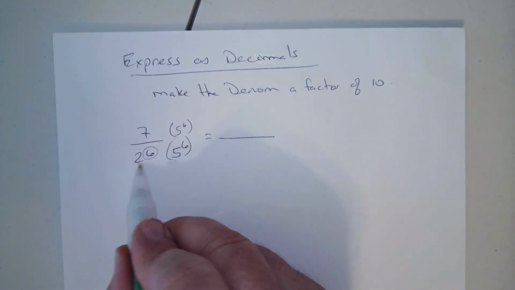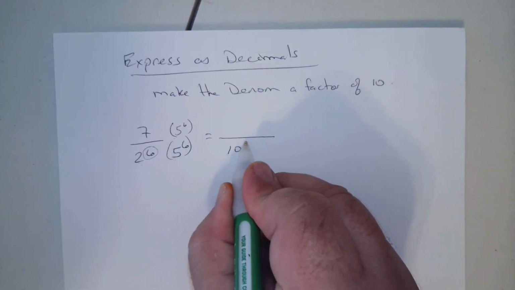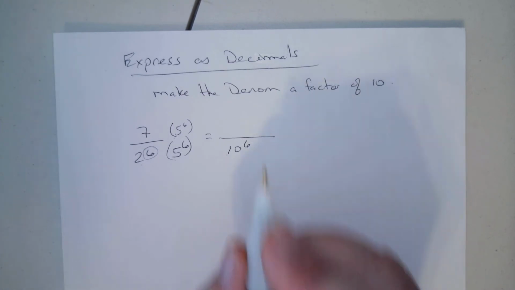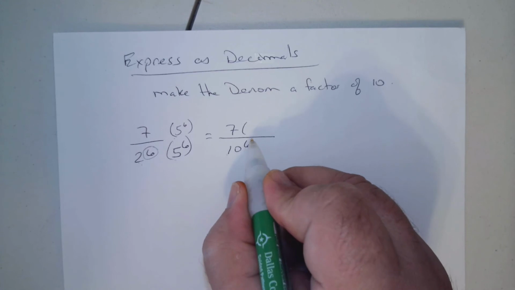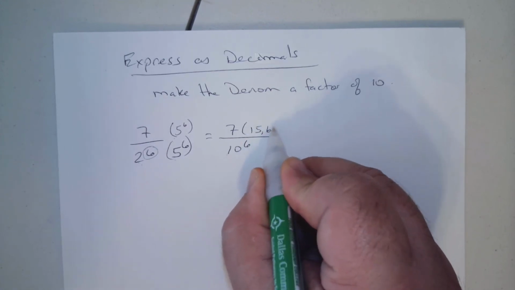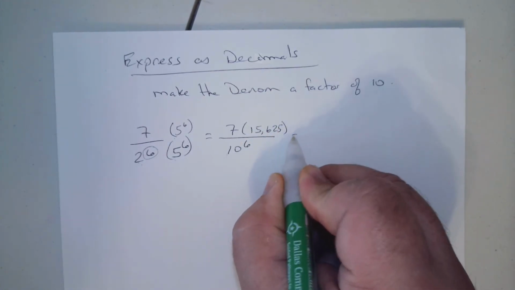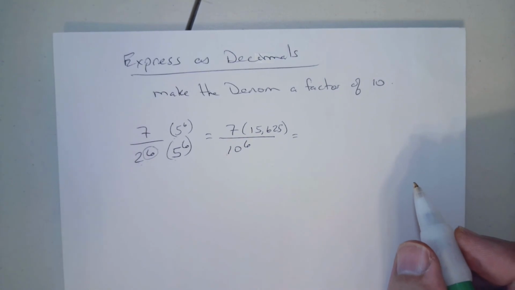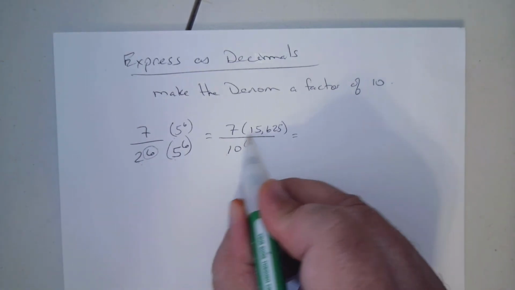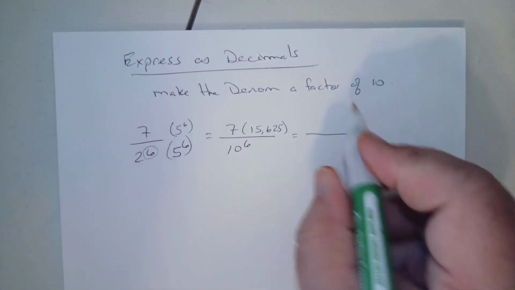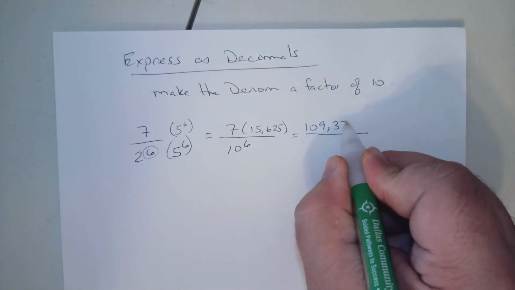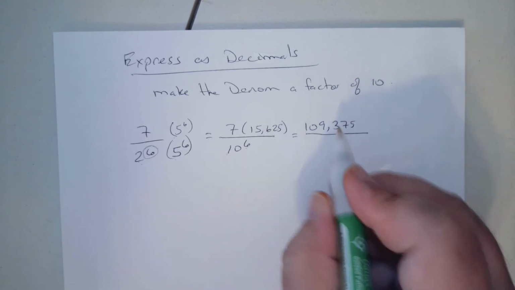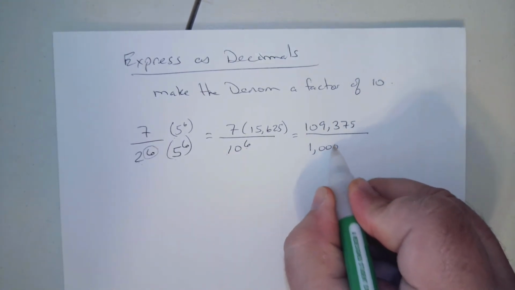So now on the bottom we have 2 times 5 is 10, and they're both to the power 6. 5 to the power 6 is 15,625. 15,625 times 7 is 109,375 over 1 million.